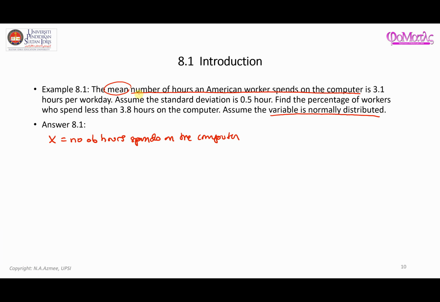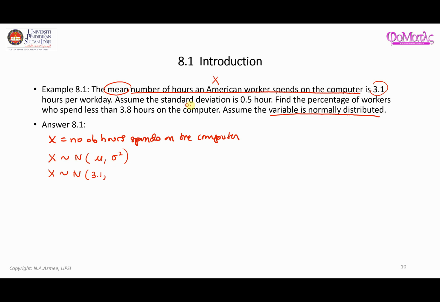It says here that the mean number of hours, that means the mean of x, is 3.1. And x here has a normal distribution, so we can write it in mathematical notation: x has a normal distribution with mean mu and variance a certain value. From this information, the mean is 3.1.